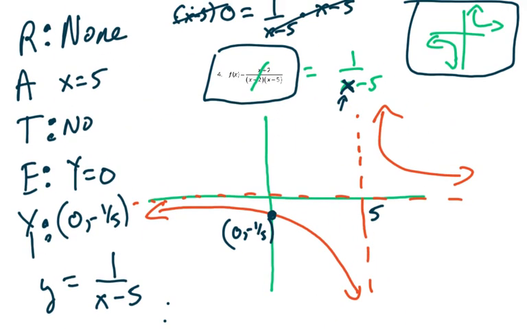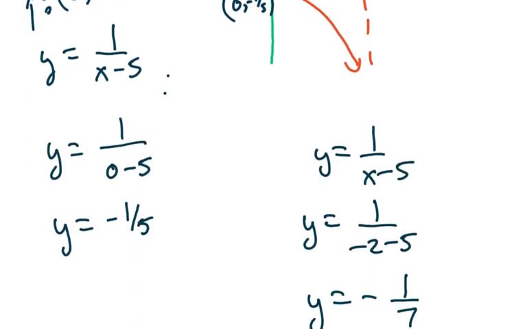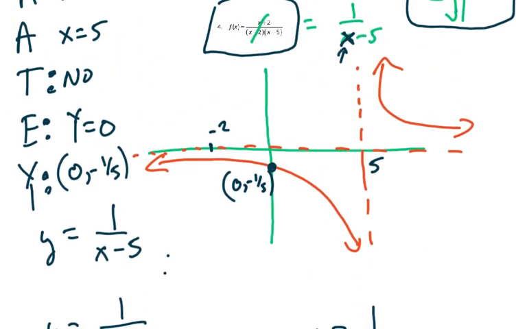So we know at negative 2, it's crossing at negative 1/7. And so there we have it.